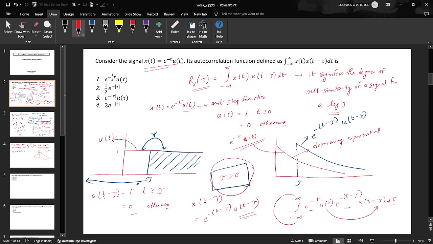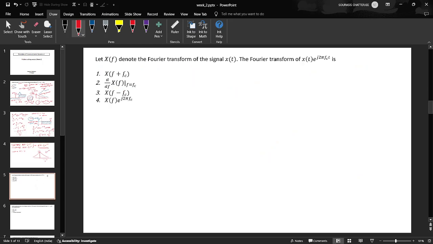So the answer is this one, the second. I guess this autocorrelation function explanation is pretty clear to all of you. With that, let us proceed to our next question.